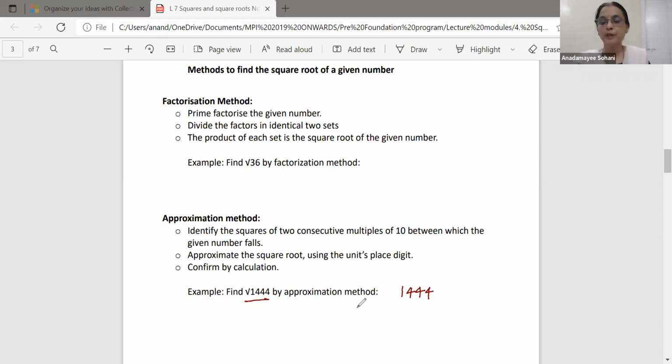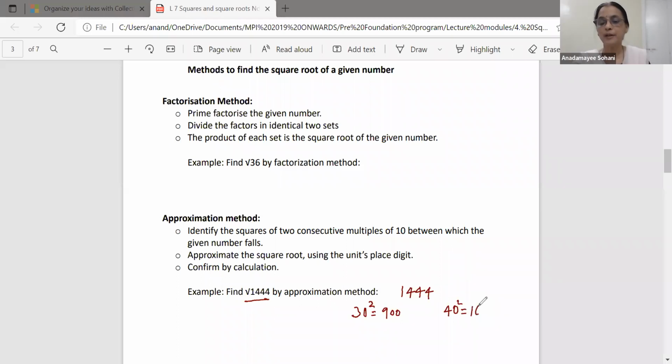What do I find? 30 square, 900, and 40 square, 1600.